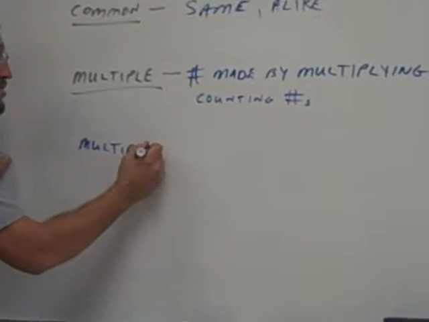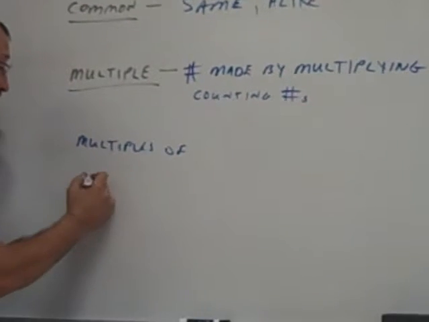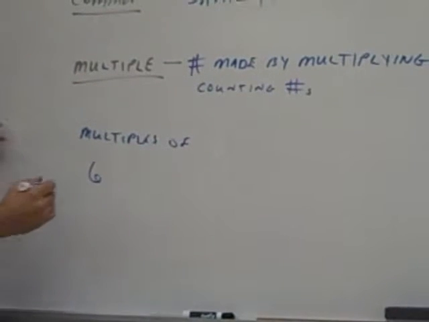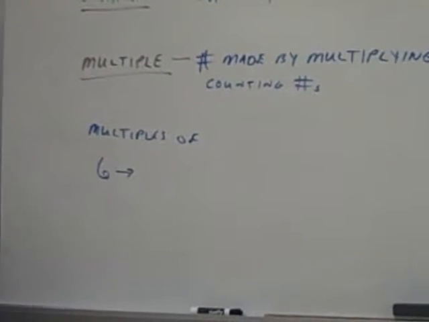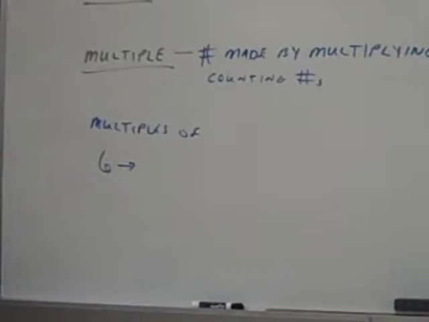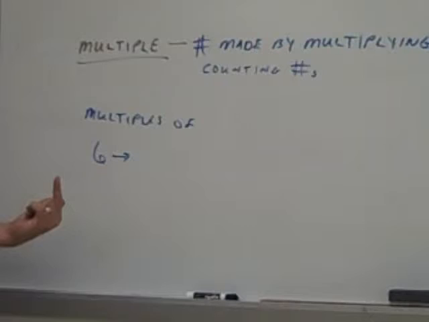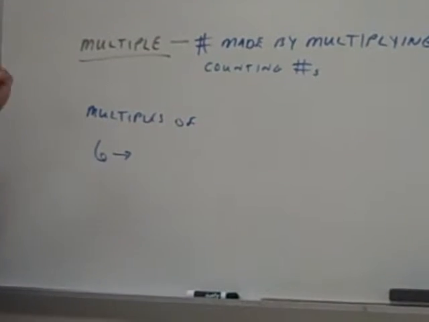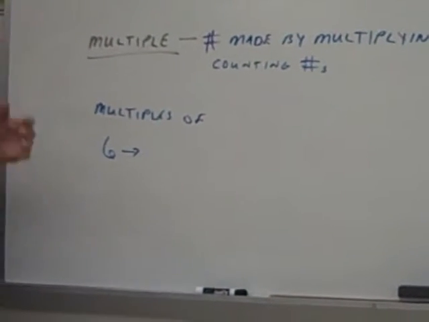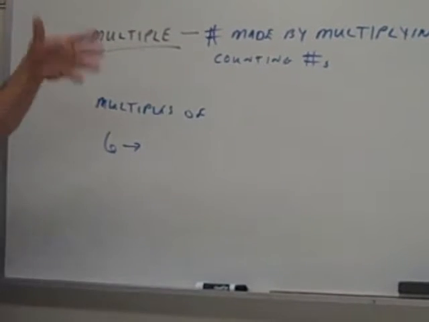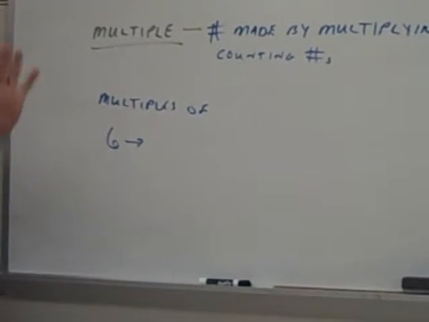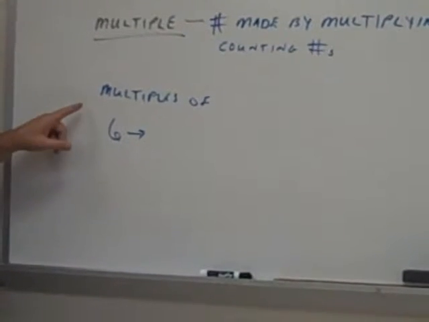For instance, here we go. The multiples of 6. Now, if I was going to do the factors of 6, I would go, what divides into 6? And you go 1 and 6. 2 and 3. Oh, we already have it. Our list is done. Remember that? That was last week. We're not doing factors.